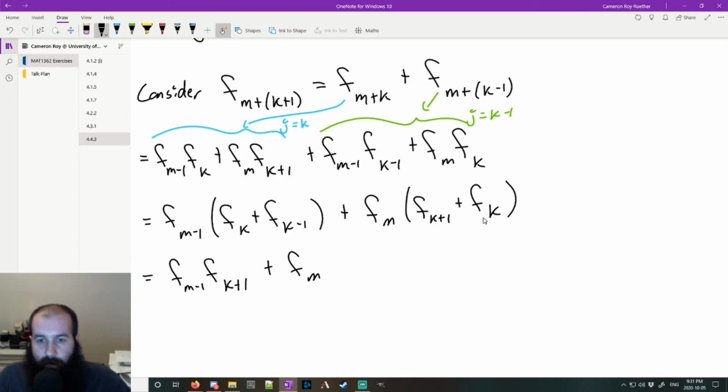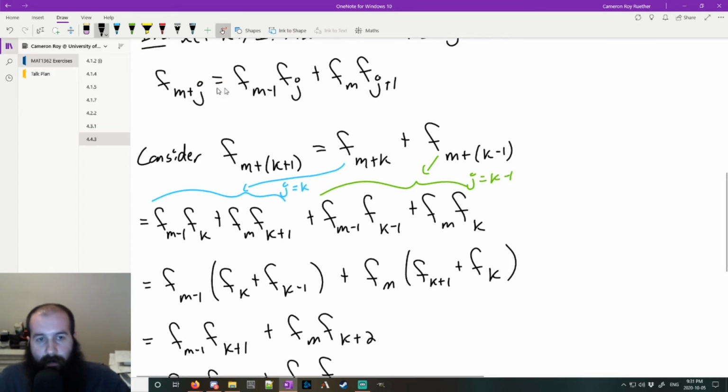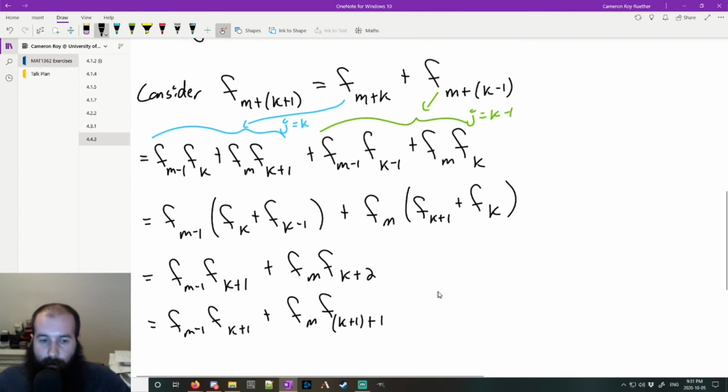And this is f of k plus 2. But this is exactly what we wanted. Since this is f of m minus 1, f of k plus 1 plus, just writing k plus 2 slightly differently, we can see that this is exactly this formula at k plus 1. That was the goal of our inductive step, so our inductive step is complete, which finishes our proof by induction.